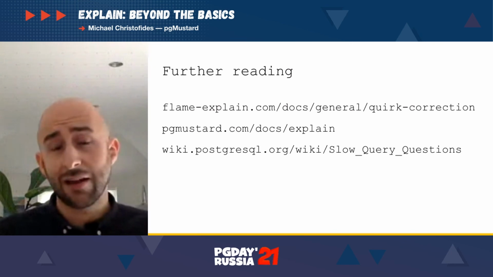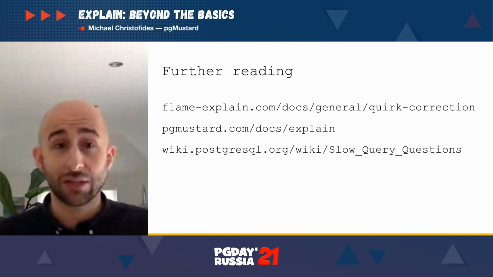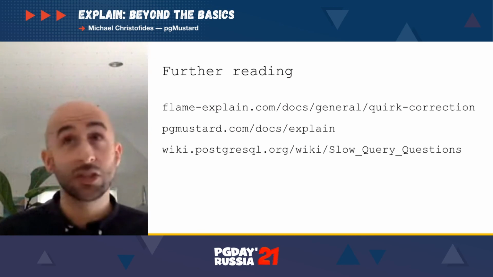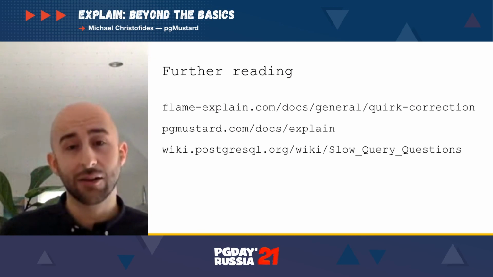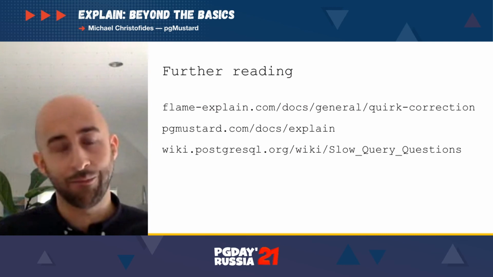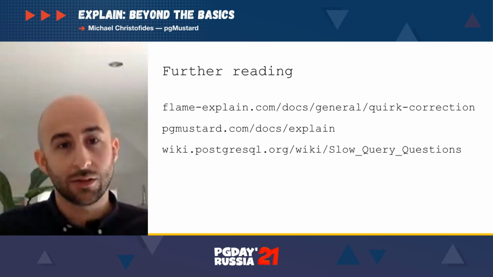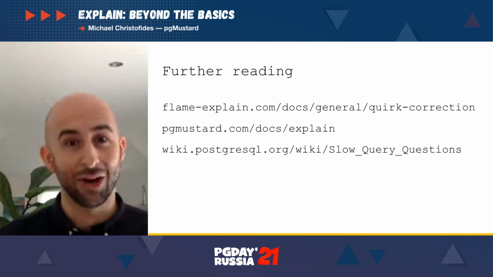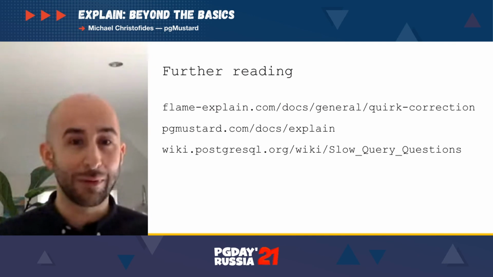The other two links here I've mentioned previously: the quirk correction post by Felix, especially useful for CTE timing calculations, and the EXPLAIN docs or glossary that we spent a lot of time on last year. Probably don't want to read through that.